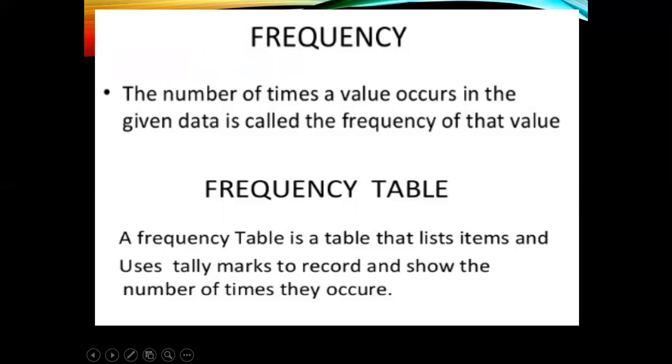Say if I calculate the number of students who have scored more than 40 marks out of 50 in grade 9, and if I have 22 students who have scored more than 40, I can say 22 is the frequency which represents the number of students who have scored more than 40.